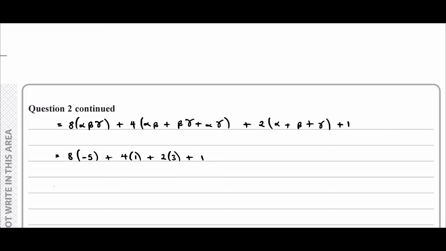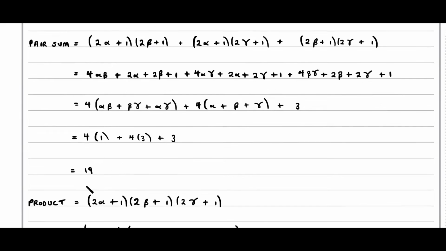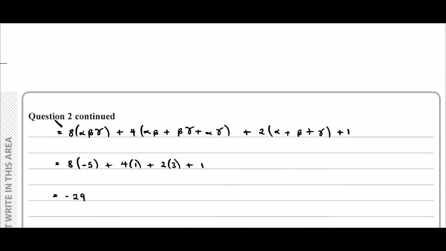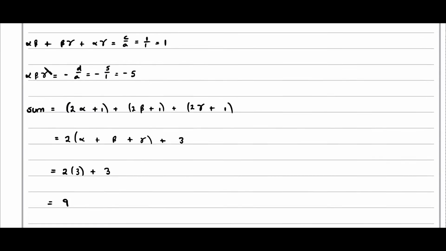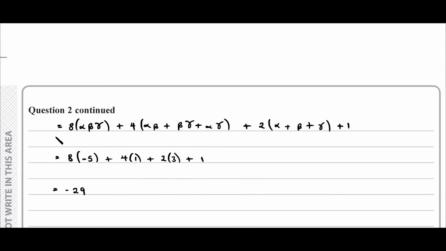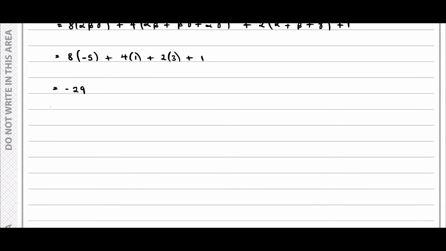The result of this is minus 29. So knowing the pair sum, the sum, and the product, we can therefore conclude we have a new cubic equation, w cubed minus 9w squared plus 19w plus 29 equals 0.